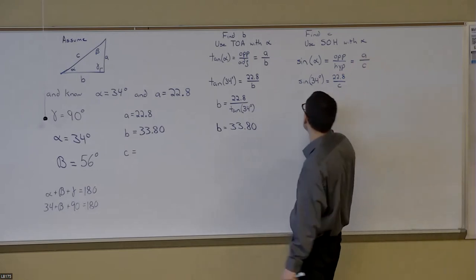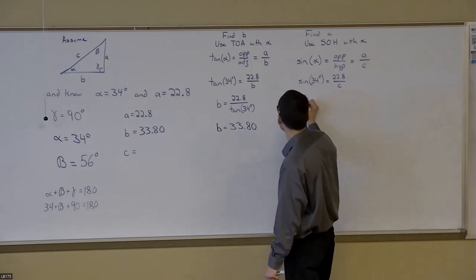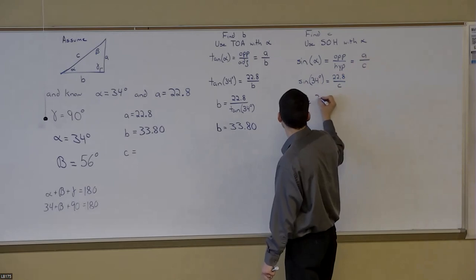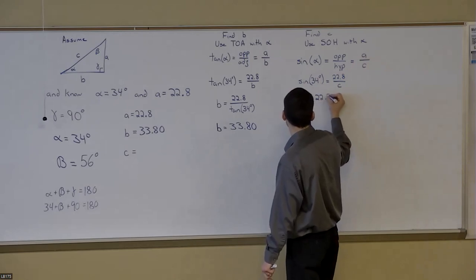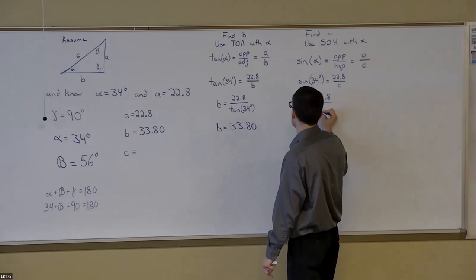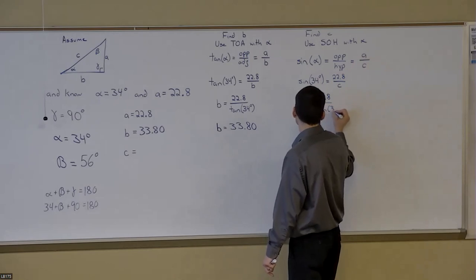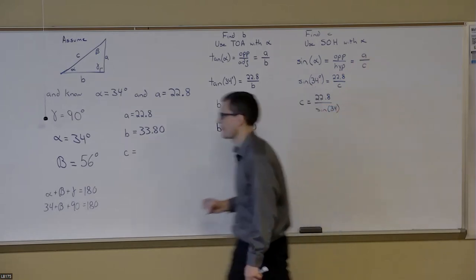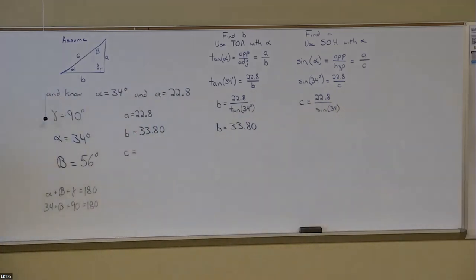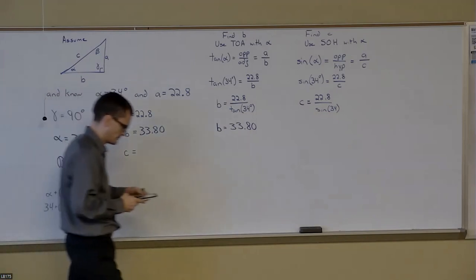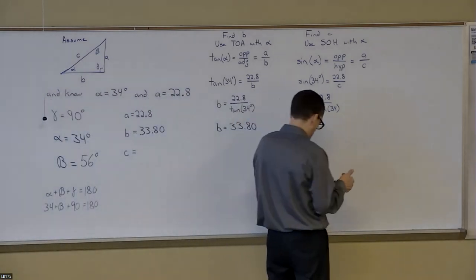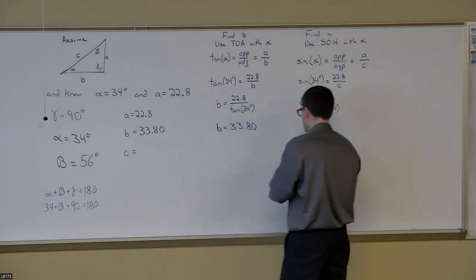And in the same type of calculation, I multiply both sides by C and then divide by sine of 34 degrees, making sure that my calculator is in degree mode. I got about 40.77 for my C.